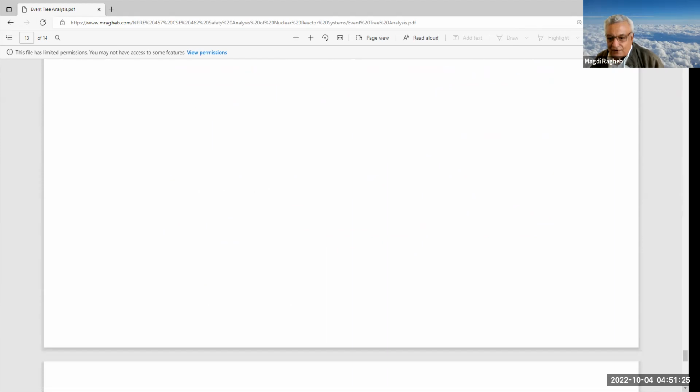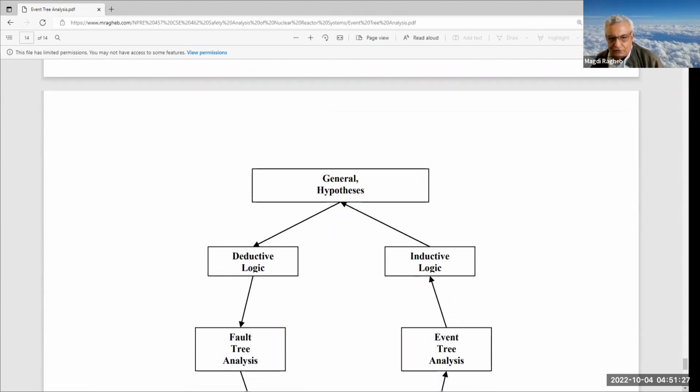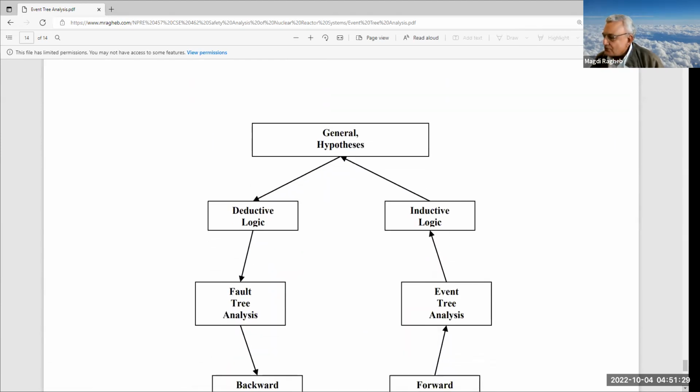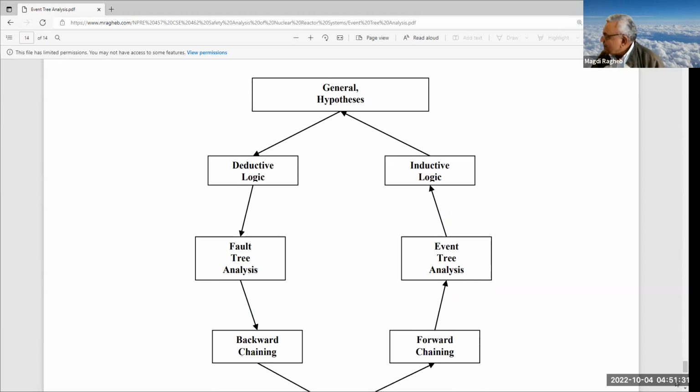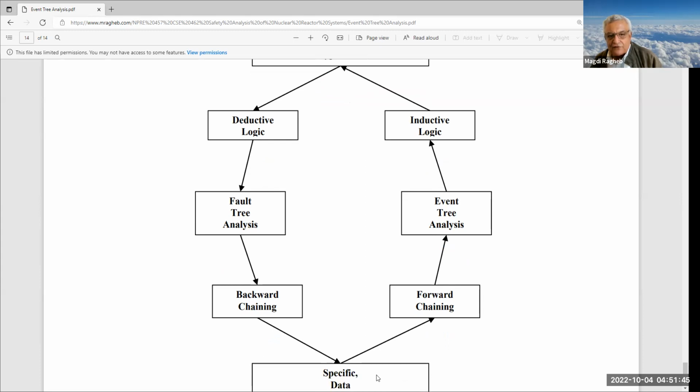The same if you read the books or watch the movies of Mr. Sherlock Holmes. So in that case, I come back to the diagram that I put on the board at the beginning. You create general hypotheses. If you use the deductive logic, you move from the general using fault tree analysis, using backward chaining, to the basic events or data.